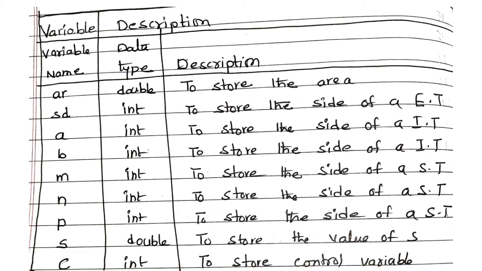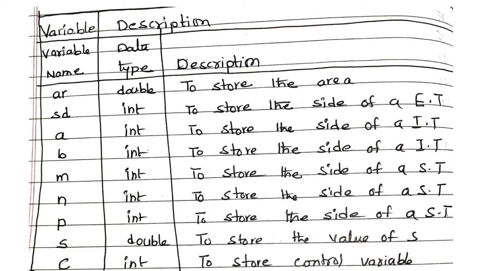And the next one is SD, an integer type data to store the side of an equilateral triangle. And the next one, A, is an integer to store the side of an isosceles triangle. And B is an integer type data to store the side of an isosceles triangle.